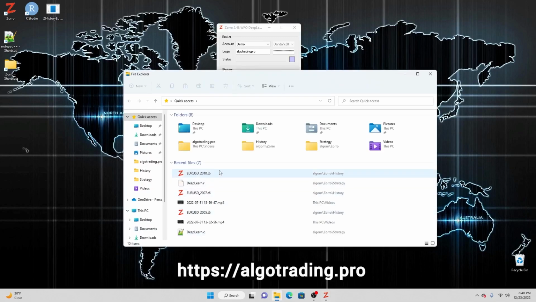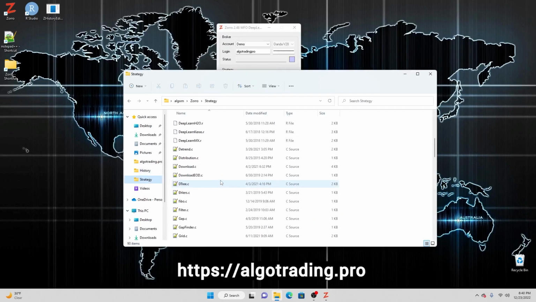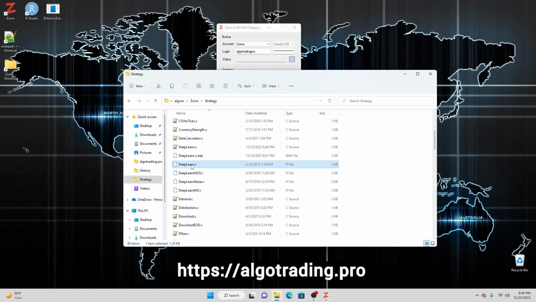Let's take a look again at that R script that I was showing you. What is learning right now is this, but it's running in R in the background. We do not see it, but it is happening in the background.